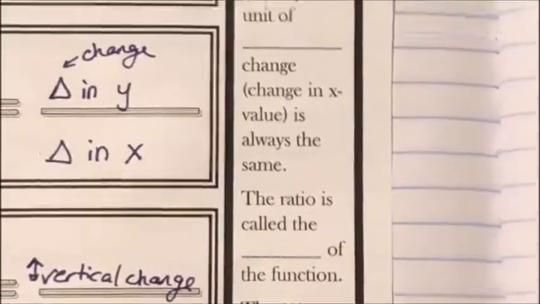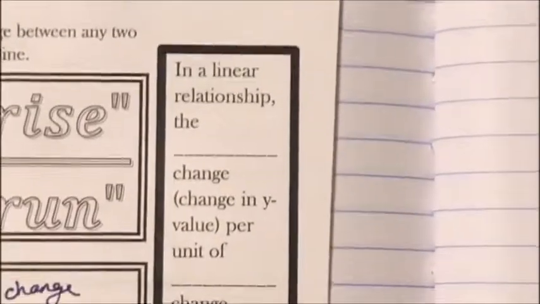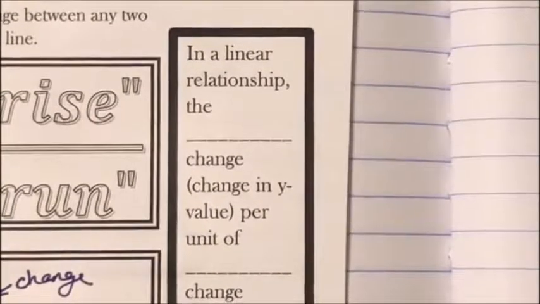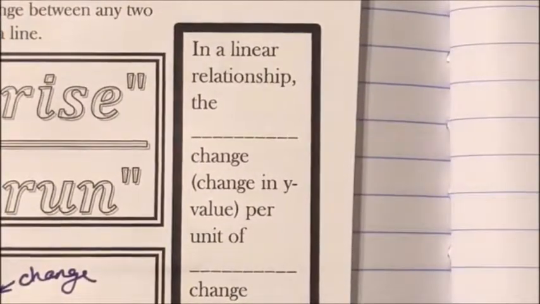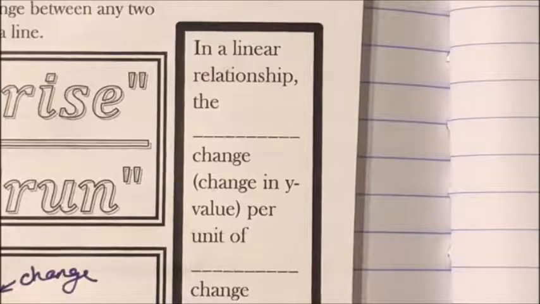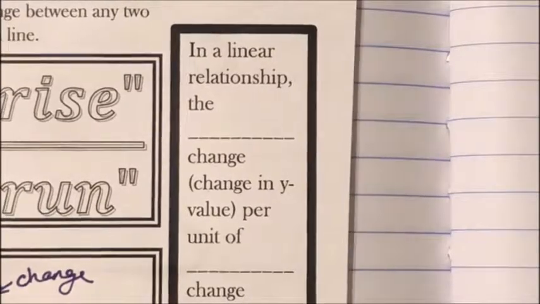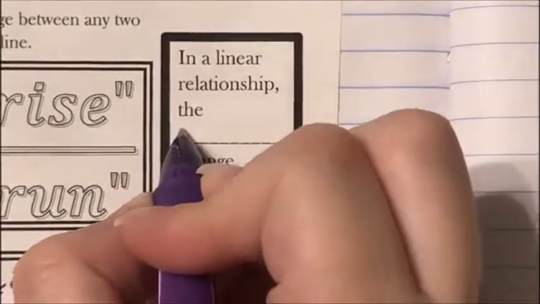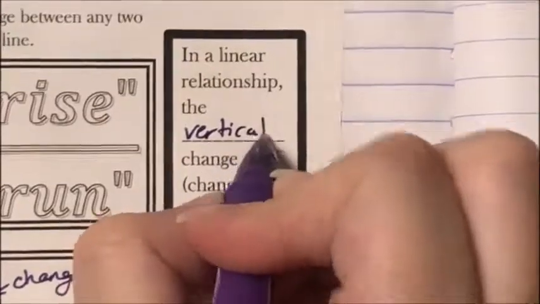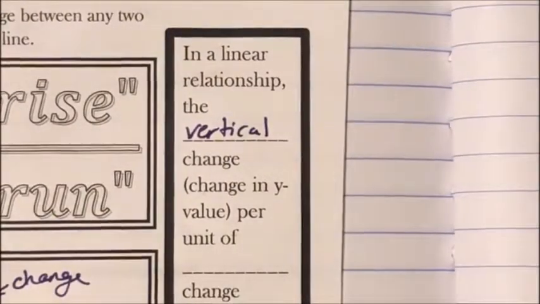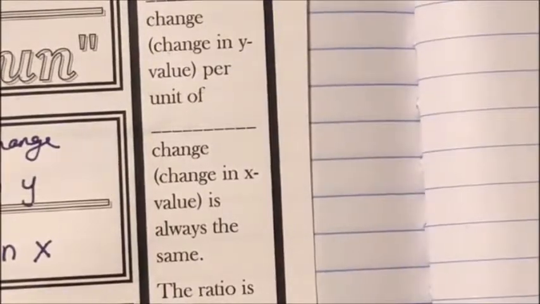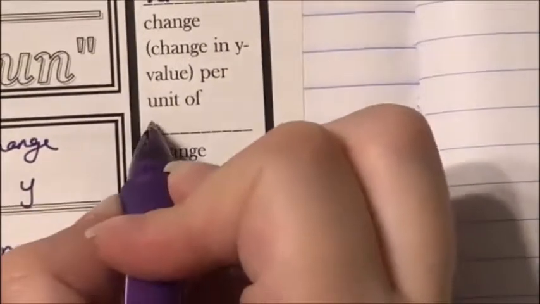So over on the left-hand side, we have in a linear relationship, the blank change in Y value per unit. Okay, so in that first blank, you're going to write vertical. So in a linear relationship, the vertical change, or the change in Y per unit of blank change, in that one you're going to write horizontal.